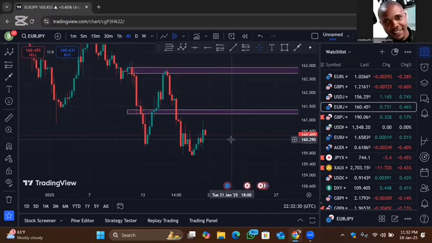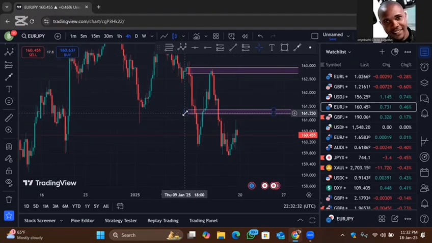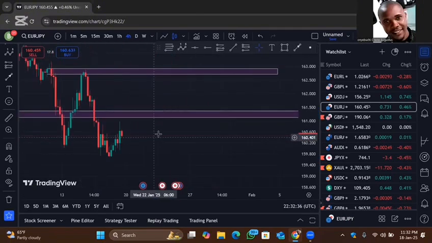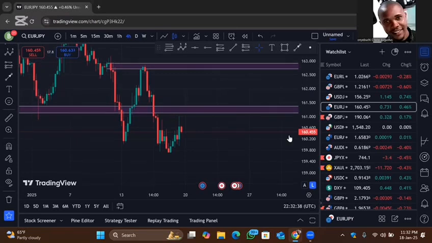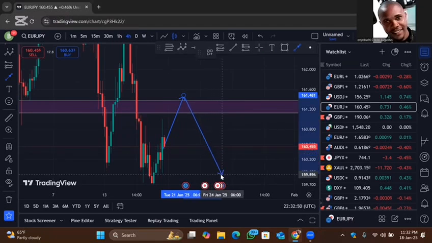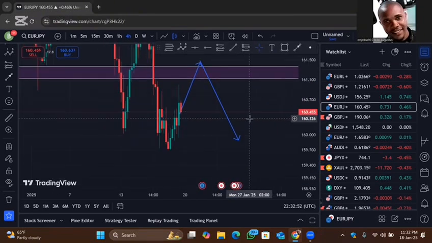On the 4-hour time frame, we can see that we still have a very good key level at this zone where price is yet to test. So hopefully we expect price to push to this level and give us the entry criteria, the rejections and chart patterns we need for us to short this trade to the downside.